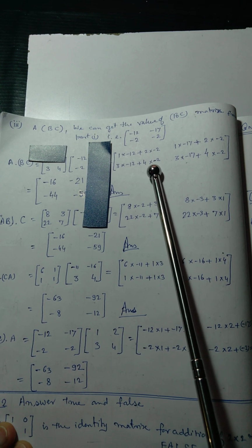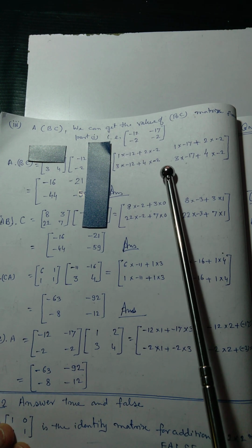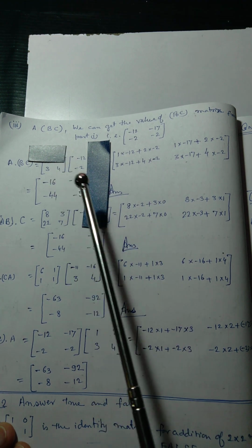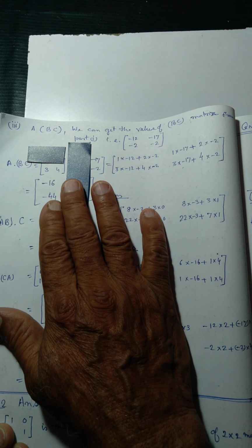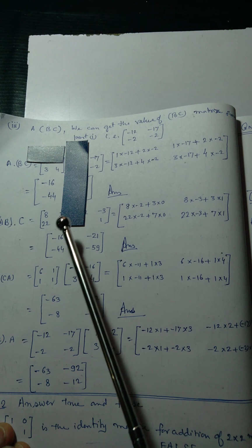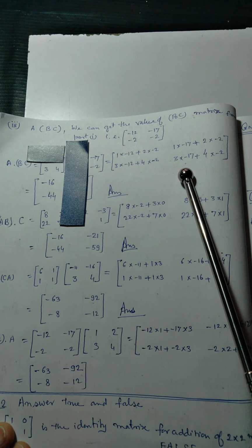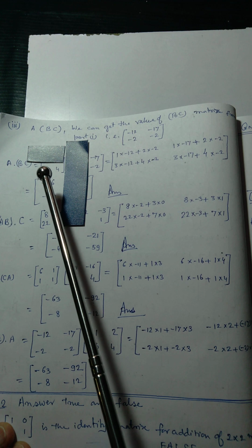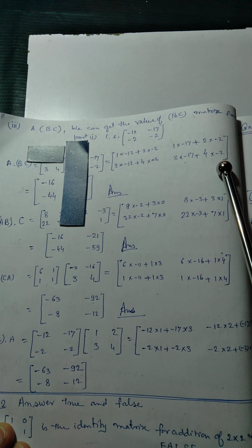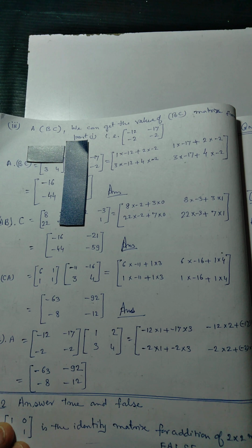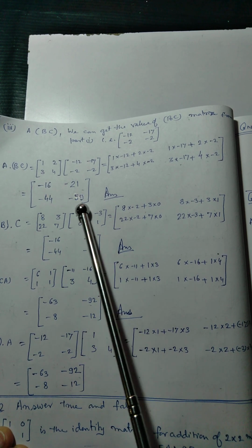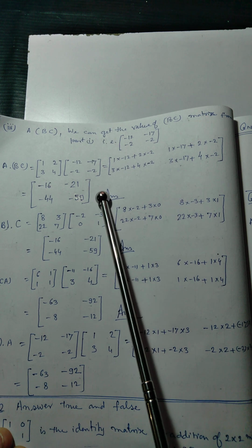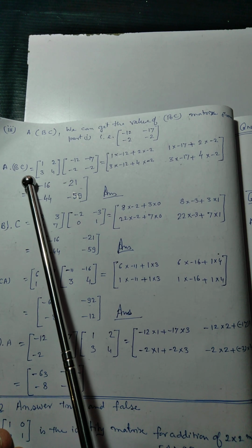You just put in summation form, add it. Now we have to proceed for the second column, that is 3 into minus 17 and 4 into minus 2. So solve it completely. You will get minus 16, minus 21, minus 44, minus 59. So this will be your answer for A in bracket B into C.